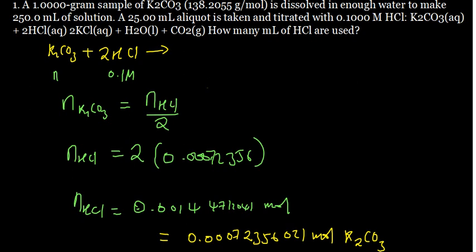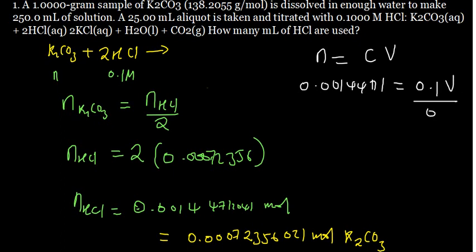We know that number of moles is concentration multiplied by volume. So the number of moles we've already found, 0.0014471, will be equal to concentration, which is 0.1, times volume. So simply divide both sides by 0.1.